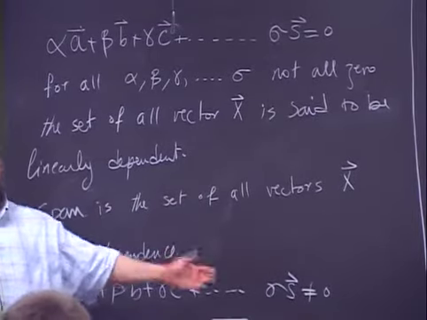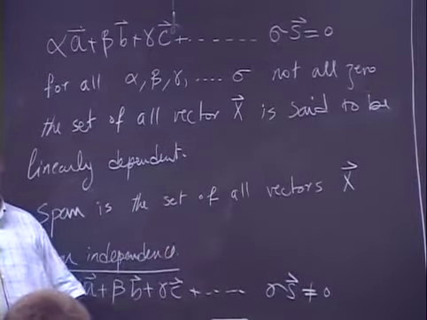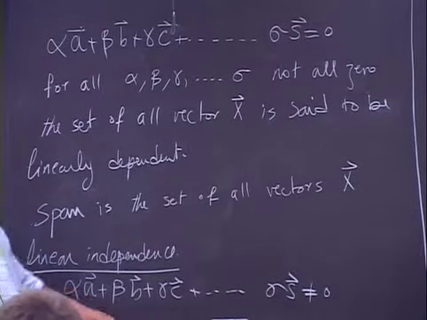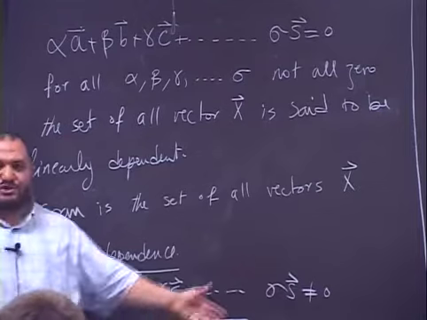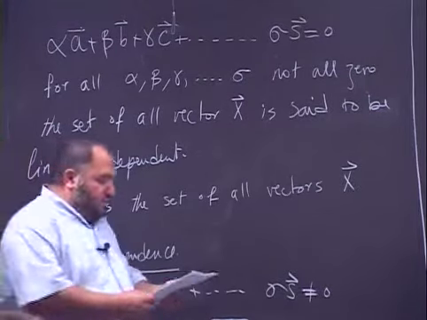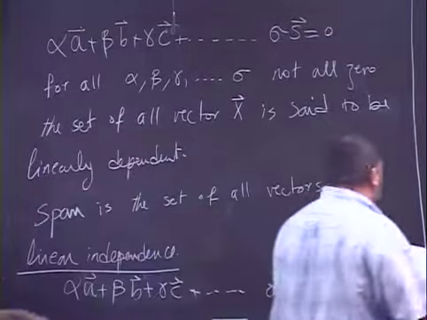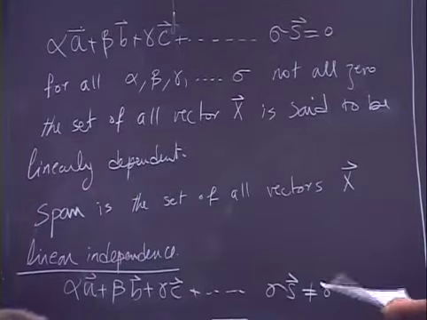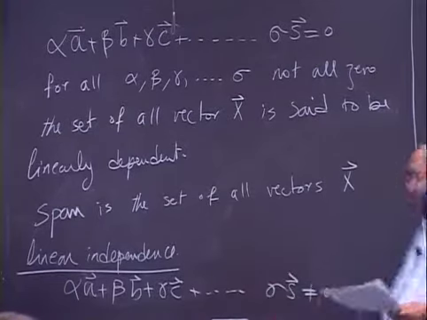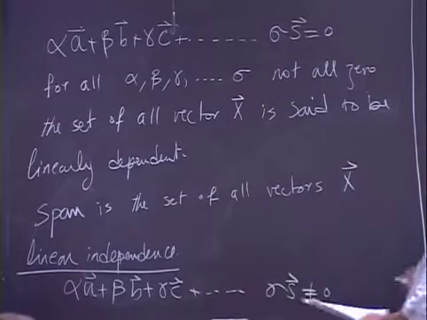So you cannot say A is equal to a linear combination of the rest. If this condition holds, there is no linear combination between one of the vectors and the rest. This is just the definition.